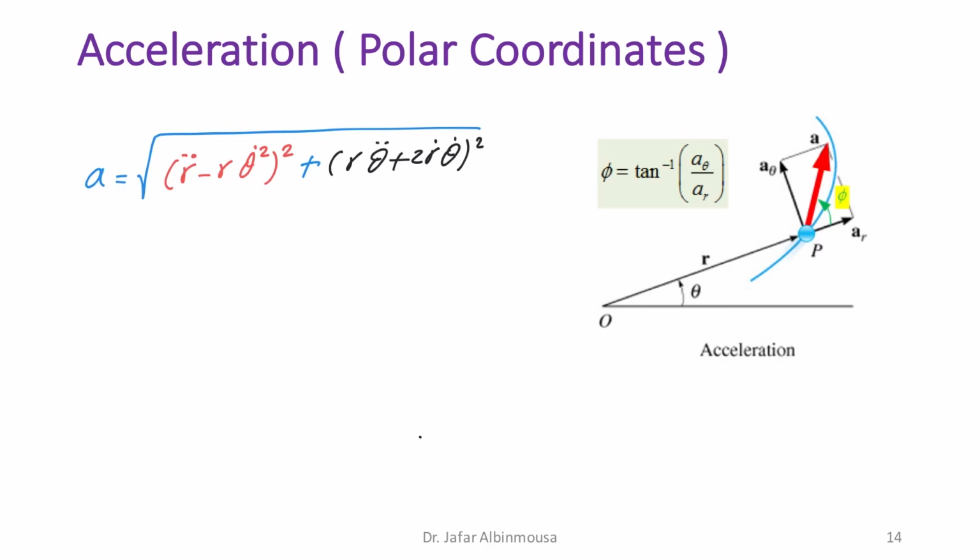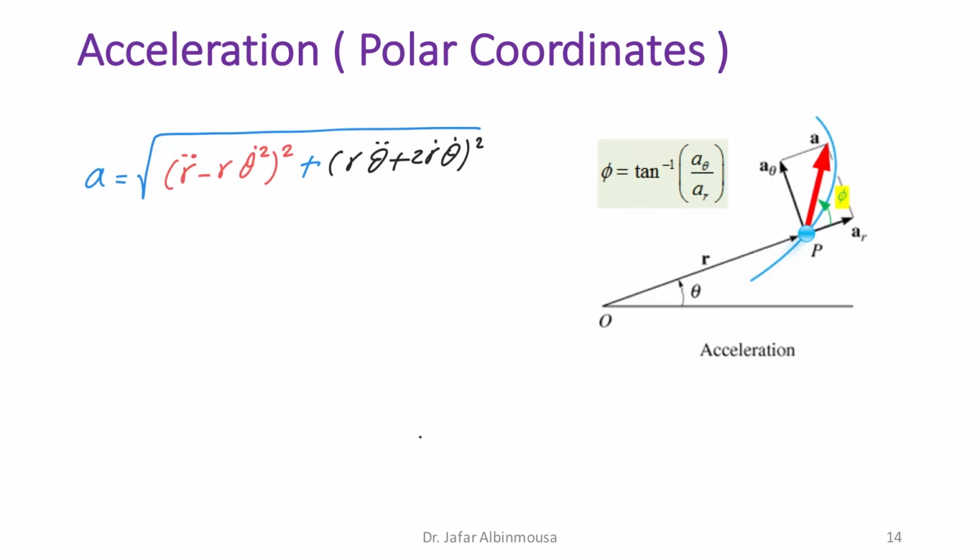What you should know is that this acceleration is not necessarily tangent to the path. One component of acceleration is here, the other one is here, and this is the total acceleration. We already described this many times.